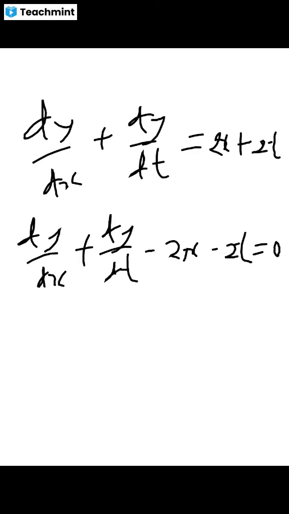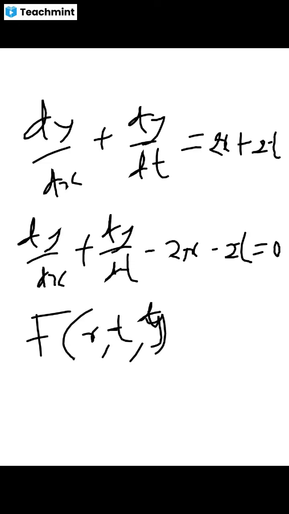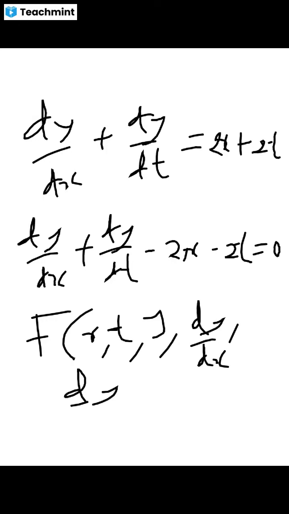This partial differential equation can be written as f(x, t, y, dy/dx, dy/dt) equal to 0. Let me clean this one. We must have y, which is a dependent variable, then dy over dx, then dy over dt, which is equal to 0.